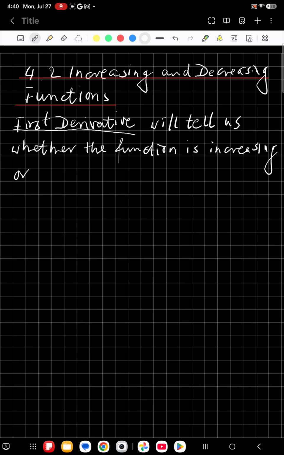In other words, whether the function goes up or down. Increasing would be something like this, decreasing something like that.